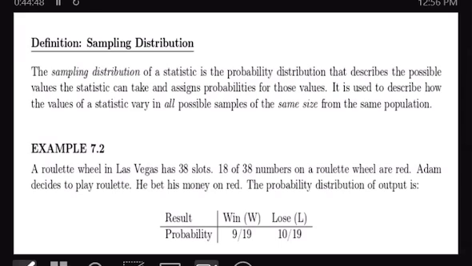Now, let me ask you this question. If I ask you to go into the University of Minnesota population and choose 50 students at random and calculate the average height, each of you will have a different average height because you are not using the same students.